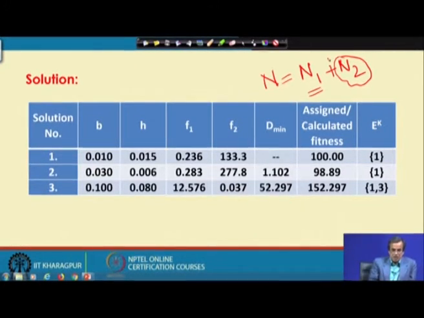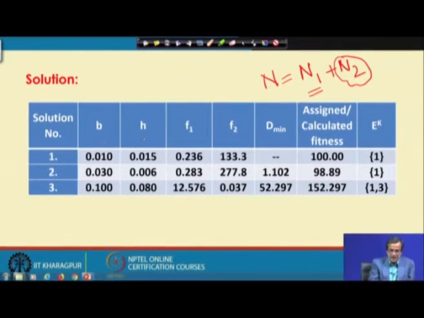As I told, the whole population is generated at random and the design variables should lie within their respective ranges. Now, we know the range for this b and h, and the first solution is selected at random, supposing that b is equal to 0.010 and h is 0.015.